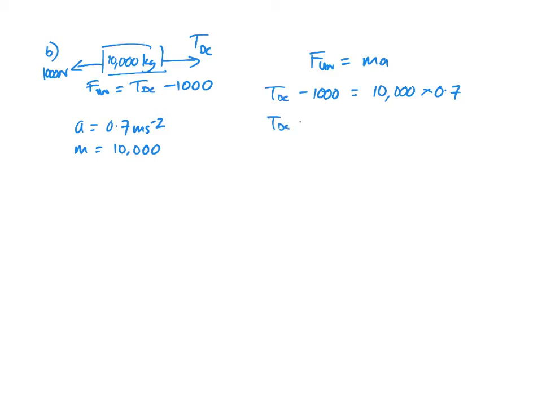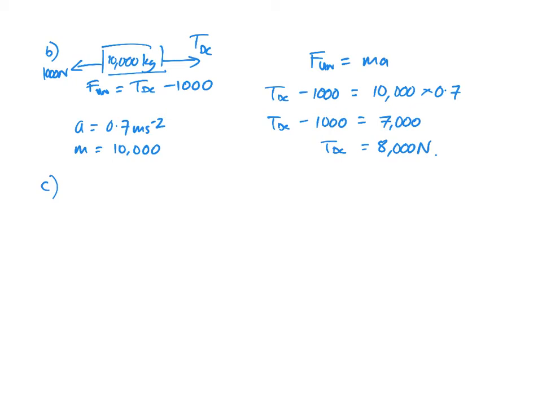So T DC minus 1000 is 7,000, and then rearrange, add 1,000 to both sides. You get T DC equals 8,000 newtons. And then if we go into part C, it's a kind of change of situation now for part C.